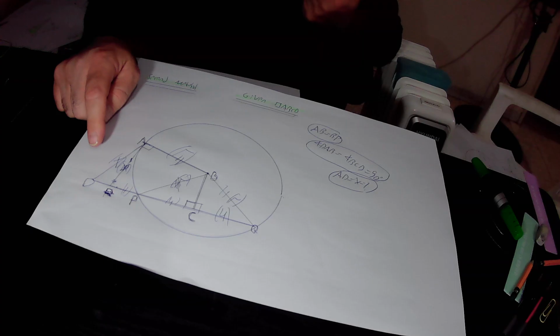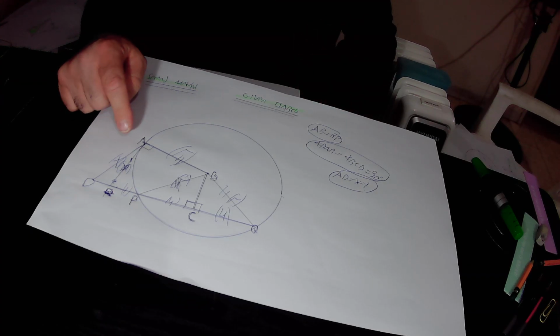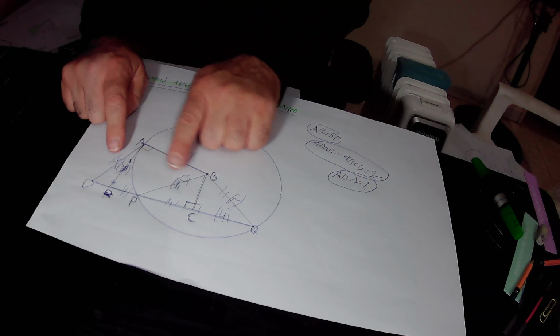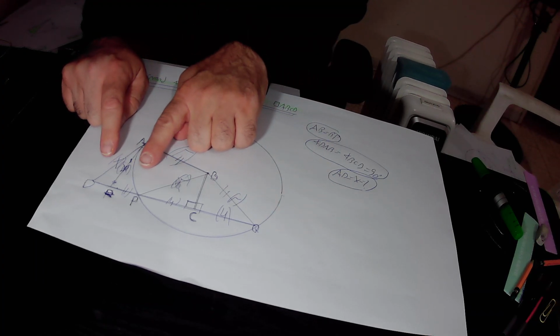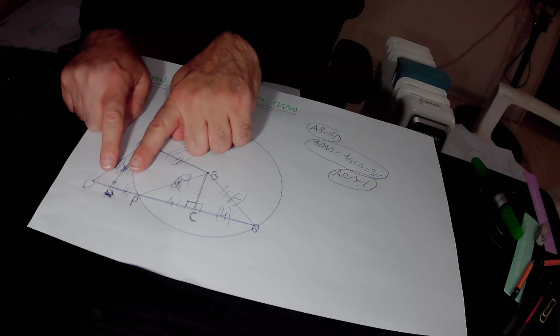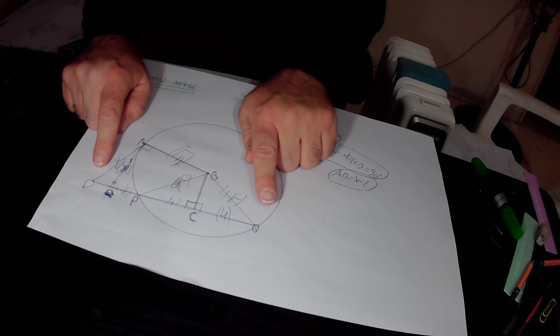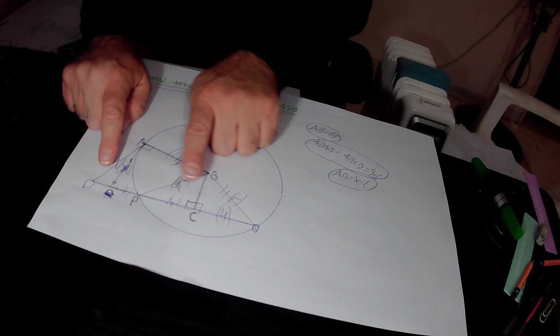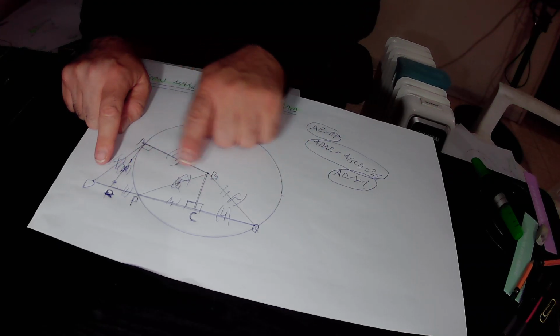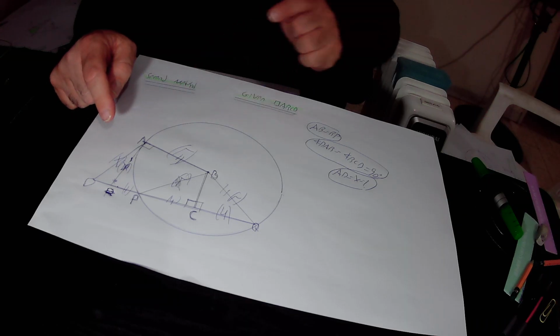So according to the tangent secant theorem, DA squared, that is the length of the tangent squared, equals DP times DQ. So it is the product of the external part of secant DQ times the length of this secant in total, that is DQ. So DP times DQ equals DA squared.